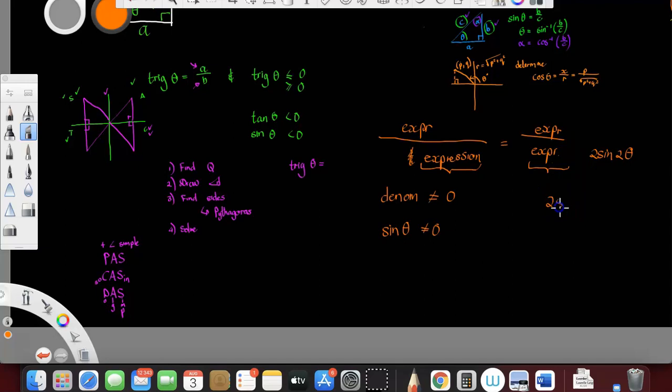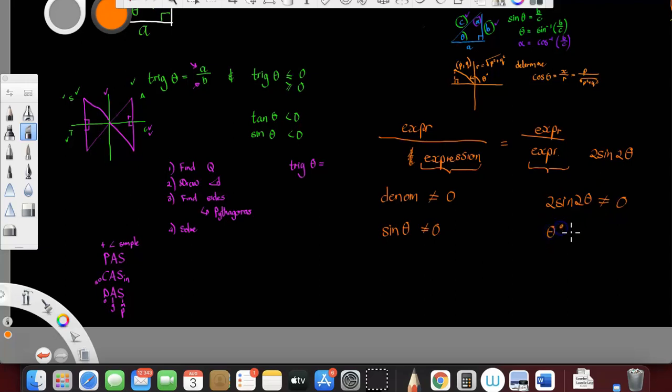Well, then you say 2 sine 2 theta is not allowed to be equal to 0, otherwise this expression won't work. This thing will be 0 if theta is 0.